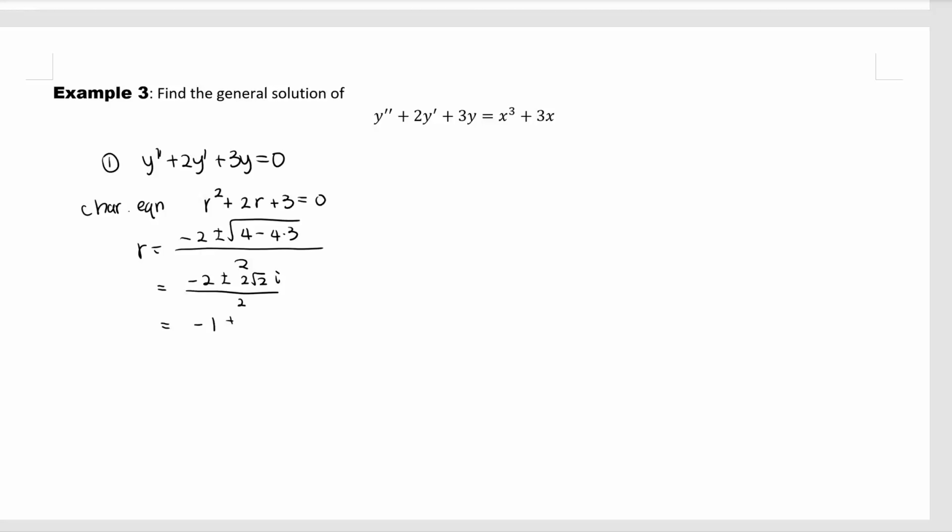So this is minus 1 plus or minus square root 2 i. Okay, then because it's a complex root, the homogeneous solution is going to be C1 e to the minus x cosine square root of 2x plus C2 e to the minus x sine square root of 2x, right?